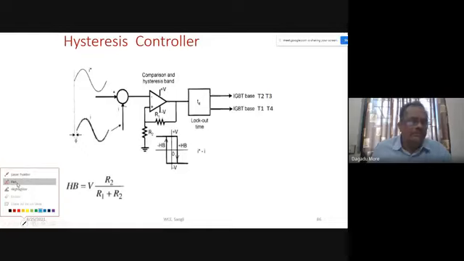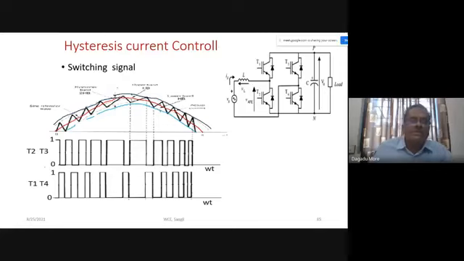Here, this is the band we are talking about, a total band of 2 HB. That is the total band. If you increase that value and make the band larger, I will show you by increasing the band here.